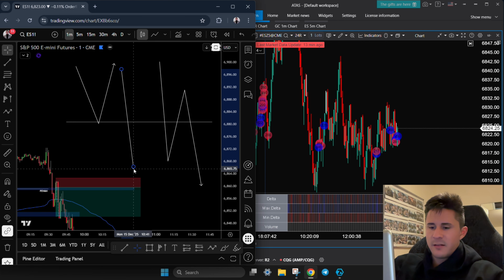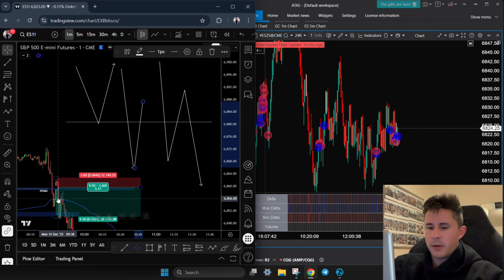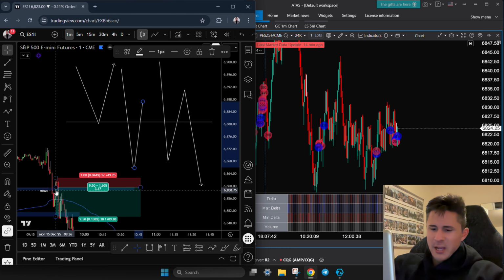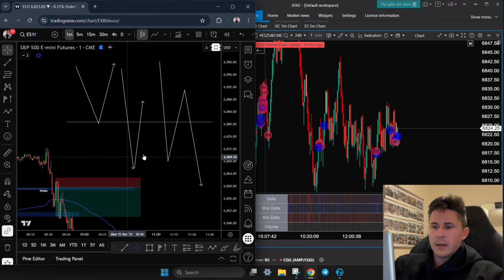Let's say when price is here, should you be buying because you think it's going to reverse, or should you be selling because you think it's going to do a break and retest? What's tricky is that you start selling from here and it comes higher and higher and higher like it did here. If you start selling here and it comes way higher before reversing back to the downside, you got a little bit tricked. So that's why you always look at the footprints.